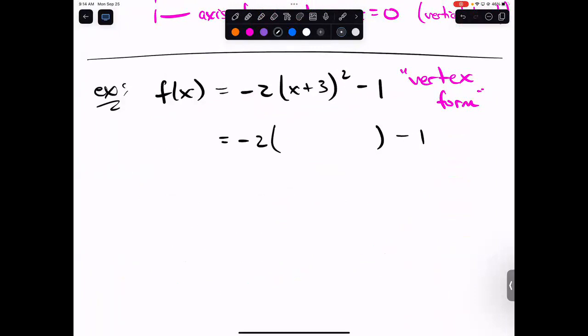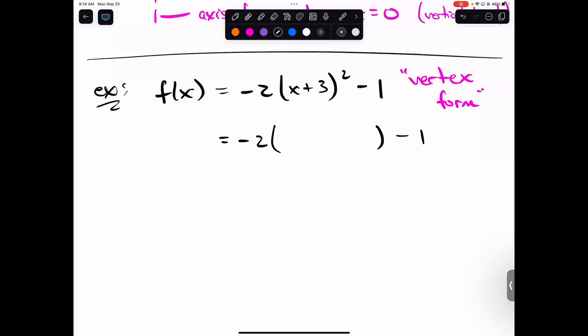So what's x plus 3 squared? x squared plus 3x twice plus 9, right?